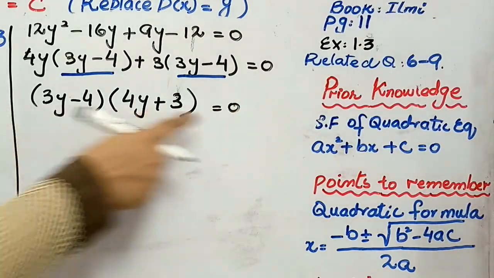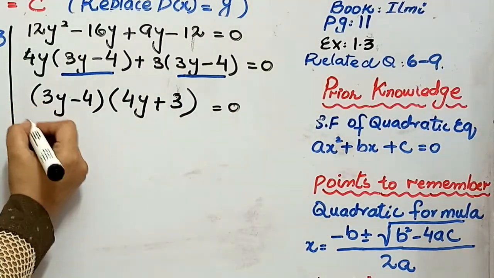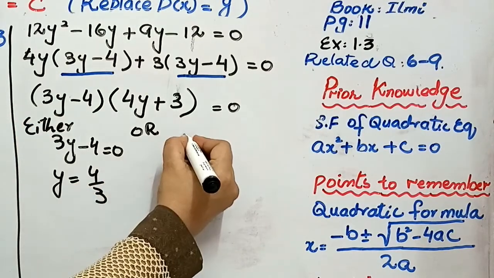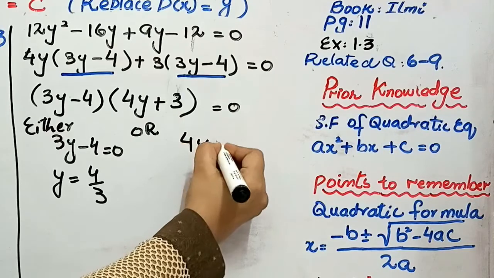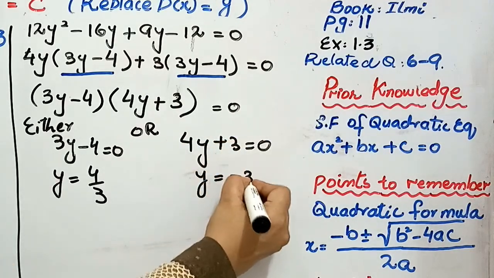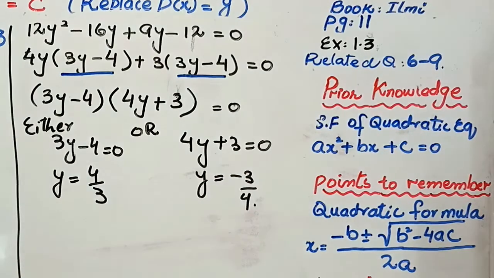These two factors are equal to 0. So either 3y minus 4 is equal to 0, or 4y plus 3 is equal to 0. So y is equal to minus 3 by 4. Hence we have got two solutions of y, that is 4 by 3 and minus 3 by 4.